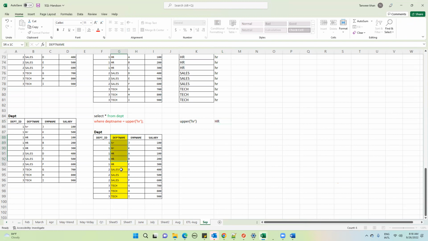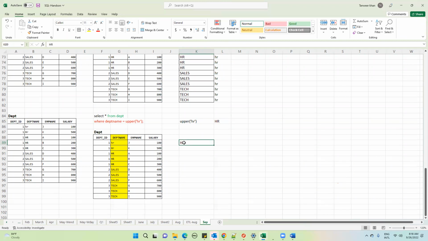Now this column you are matching with which word? Lowercase HR or uppercase HR? With uppercase HR, because you have told it to convert this HR to upper. So now you are trying to match this with HR.